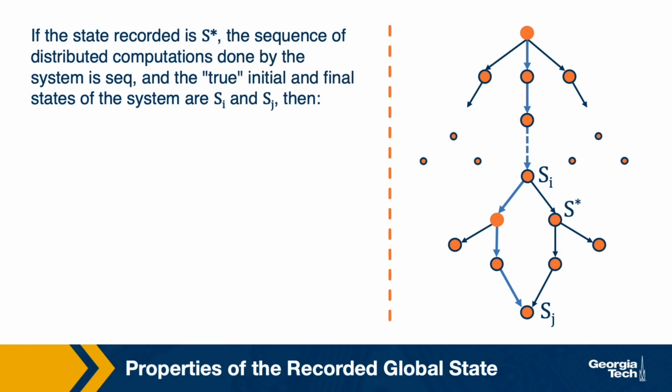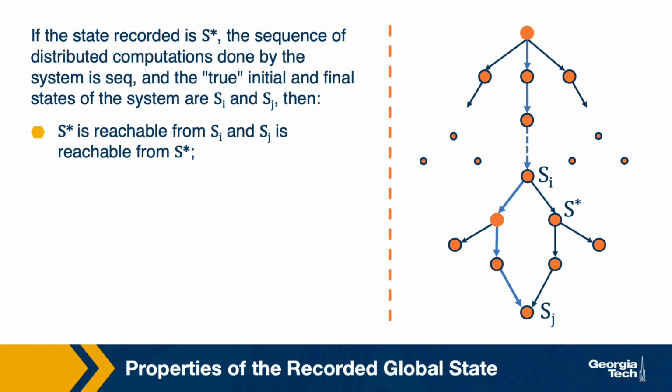Let's say the state that is recorded is S star, and the sequence of distributed computations done by the system is denoted as sequence. And let's say that the true initial and final states of the system are some states Si and Sj. Then the recorded state of the system, S star, is a state that is reachable from Si.